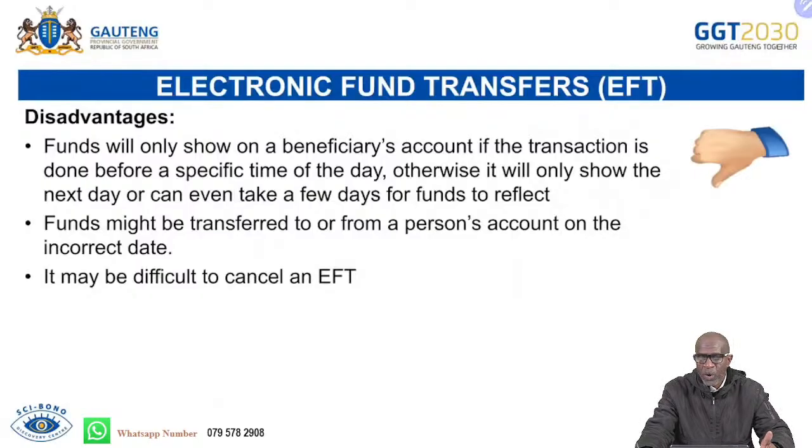Otherwise, it will only show the next day or can even take longer than expected for the funds to reflect. A transaction made on weekends and holidays is also an issue because in some instances it cannot be processed immediately, unless the person you are sending the money to uses the same bank as you.